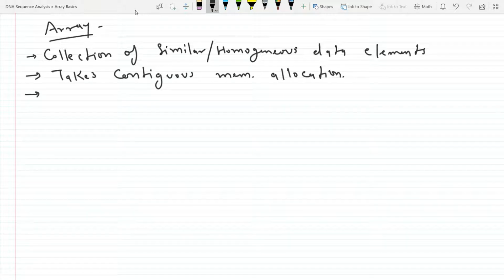Next important point related to array is indexing applicable. So always there is an index for each and every cell.